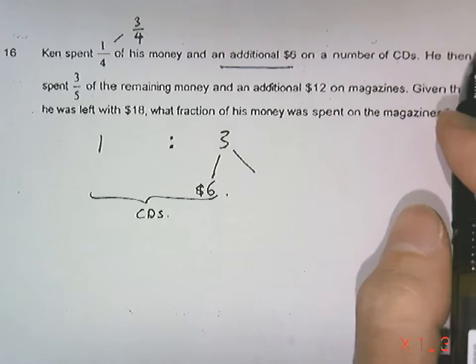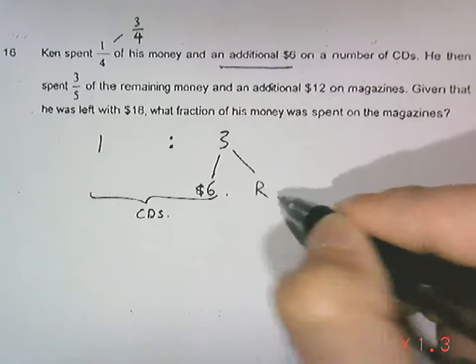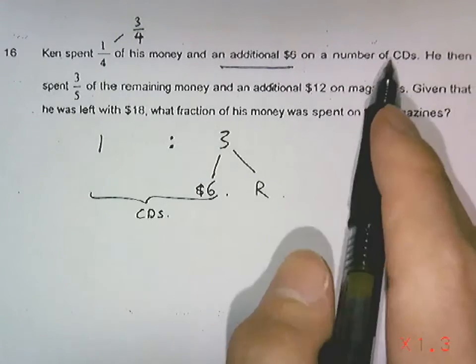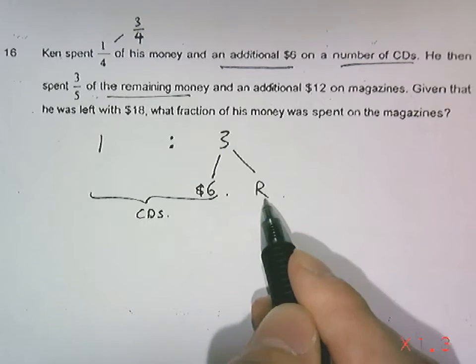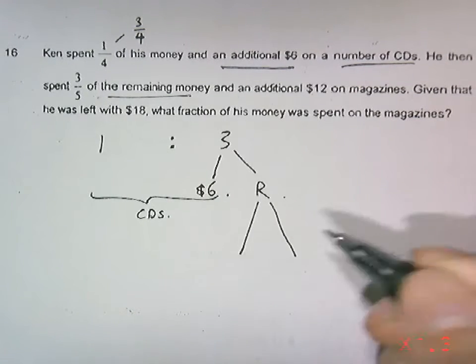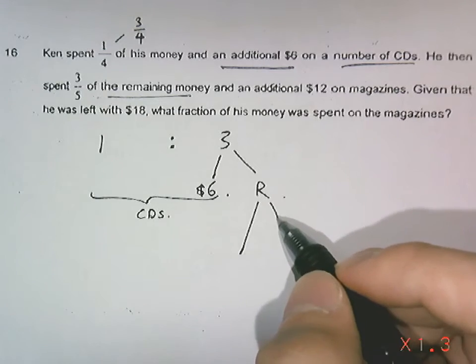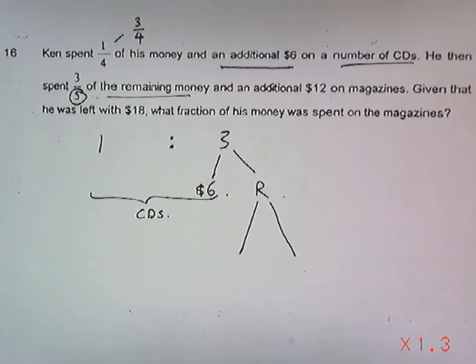He then spent 3/5 of the remaining money, so the remaining must be from here, because after spending on the CDs, the remaining must be the rest here. So the remaining part is actually grouped into 5 units, because of this 3/5.